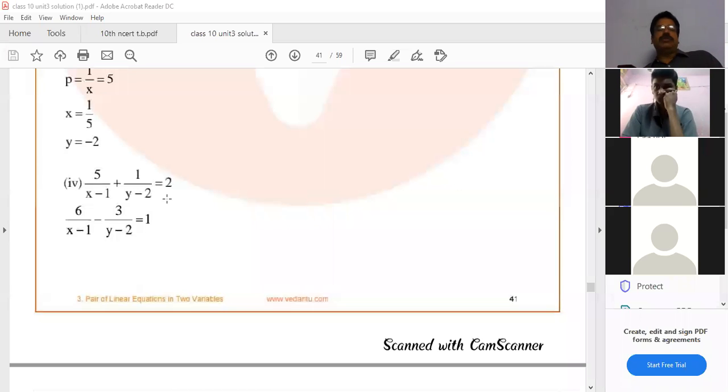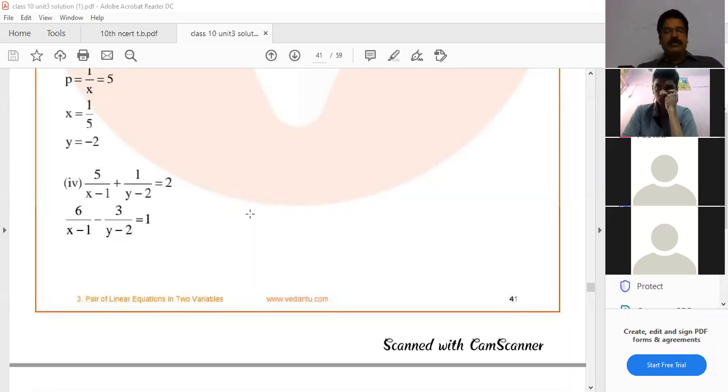Now the equation reduced to 5p plus q is equal to 2, and 6p minus 3q is equal to 1.